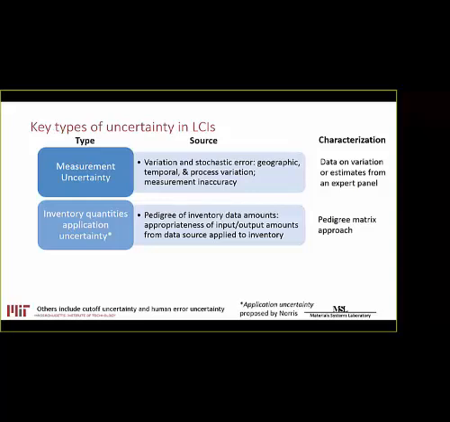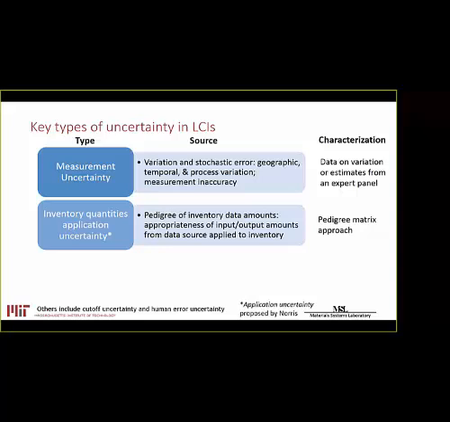So for example, let's say you open up a life cycle inventory for making steel, and it shows that 11 kilowatt hours of electricity is required. What inventory quantities application uncertainty has to do with is the source of that 11 kilowatt hours. Believe it or not, when people don't have data for a value like that, sometimes they take a value from something else that's a proxy or relevant.